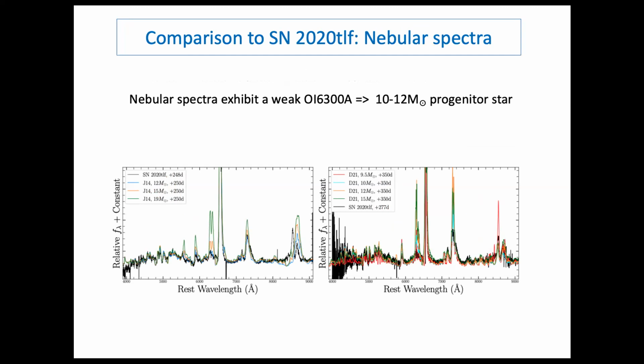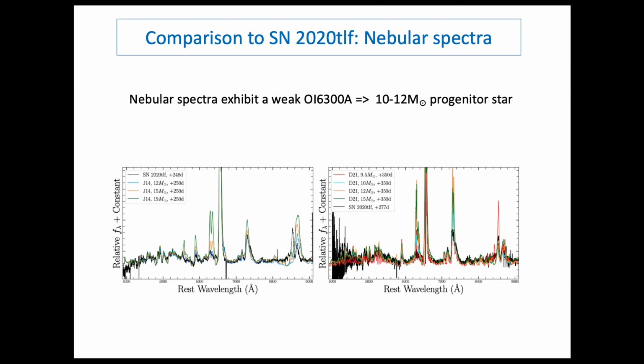The fundamental signature of mass in a massive star is the amount of nucleosynthesis that it does, in particular prior to explosion, how much oxygen is produced. And so the oxygen line that we see in this nebular phase spectra is basically the doublet forbidden line that sits here at 6,300 angstrom. And the observations are in black, and these are various models in colors that correspond to different masses.